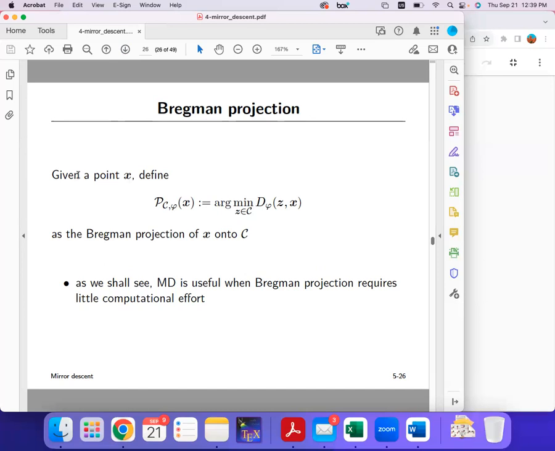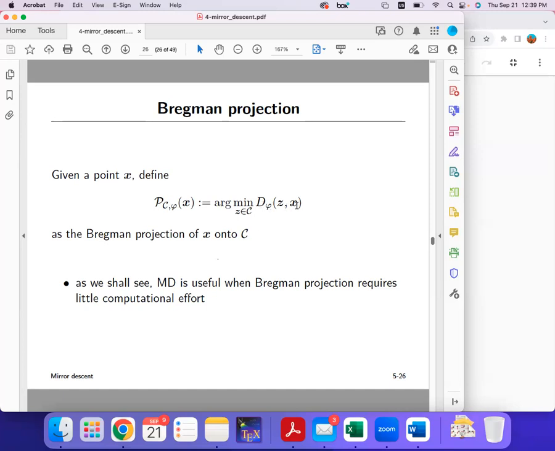Okay. So we want to project x onto a set C. Again, we project x onto set C, but now the projection is based on a Bregman divergence. So the definition is very natural.